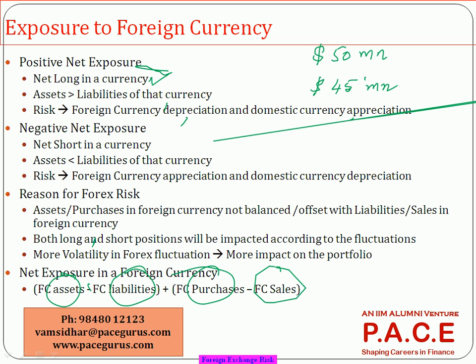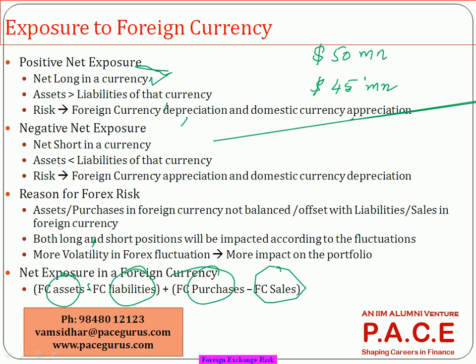Now, one way to look at it is always match these two things. If that's the case, then probably there is no job for a risk manager, right? Probably if I borrow 50 million in US market and lend 50 million in the US market, what is the benefit I am getting there? Right?